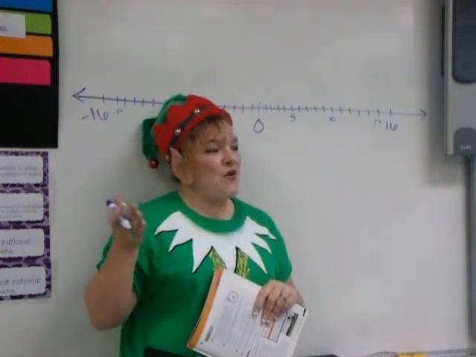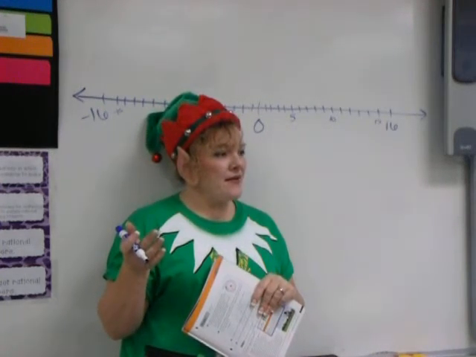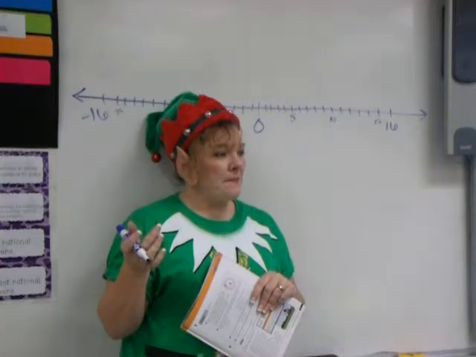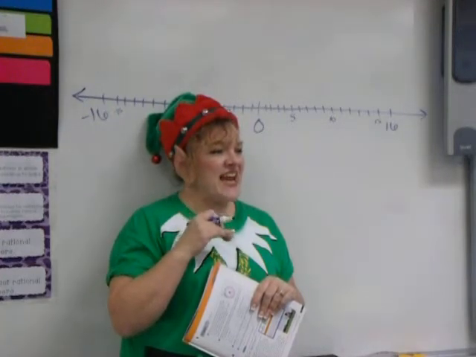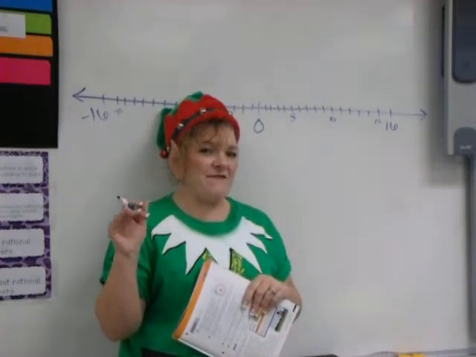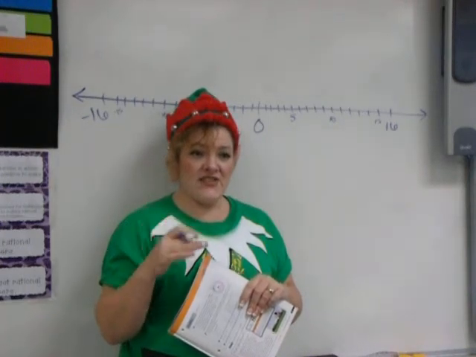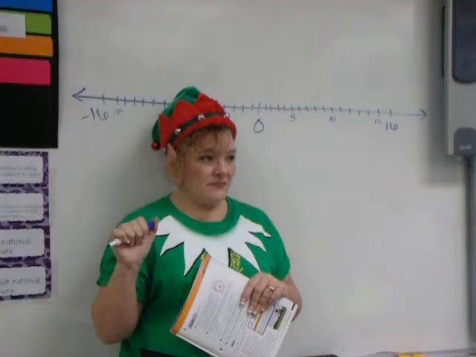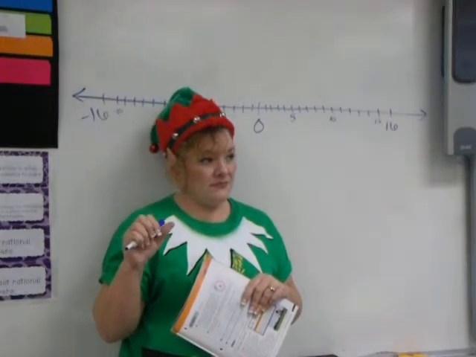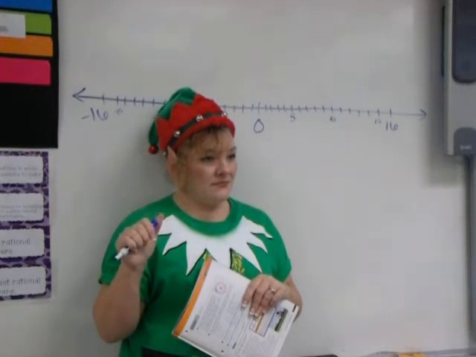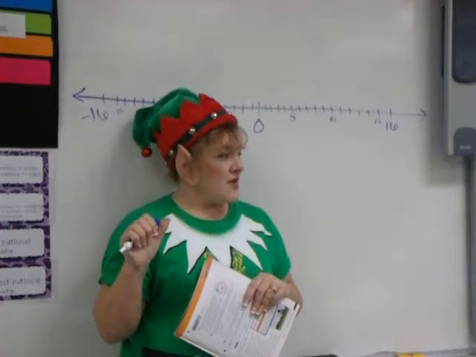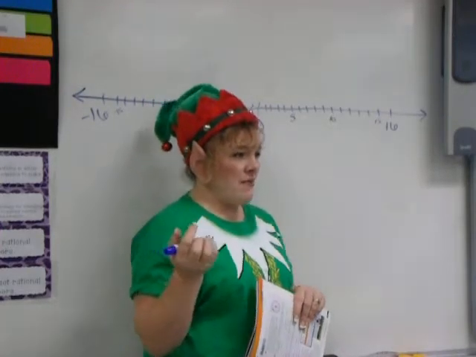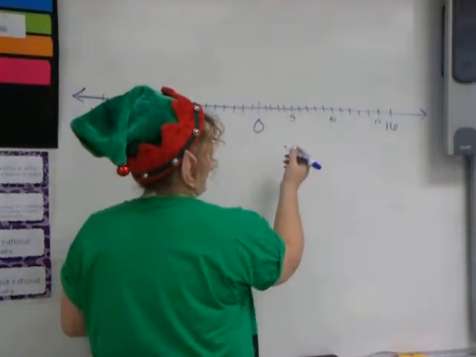Did it say that 4 was included? The set of all numbers less than 4. Is 4 included? No. If it's asking me for all numbers less than 4, 4 is not included.